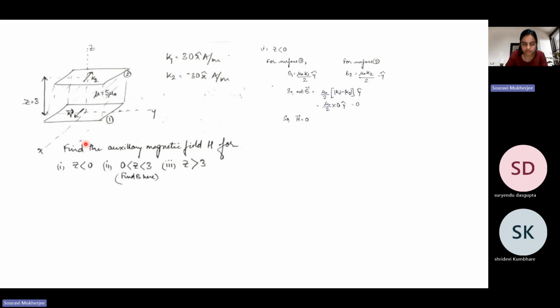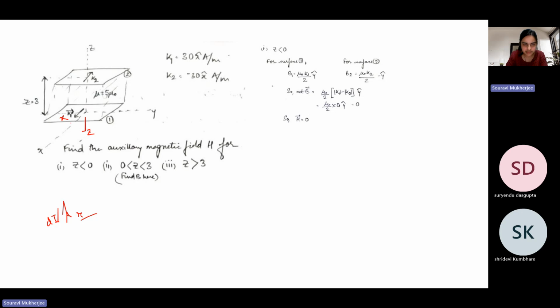So when you do dl, your current element, cross r, which is your position vector. For anywhere in this region below the lower plate, the direction of k for the current is x, and the r vector will be in the minus z direction.